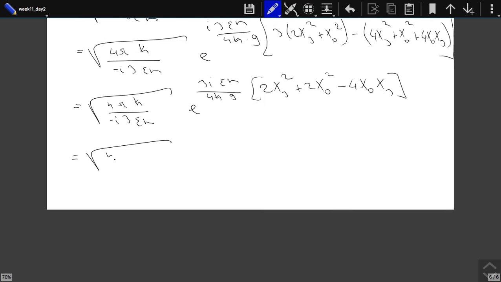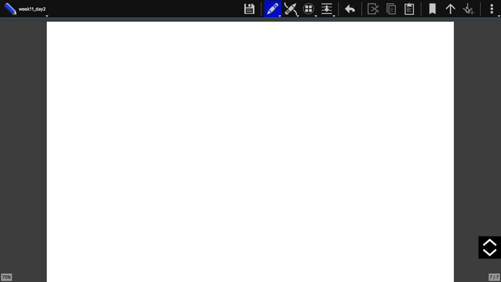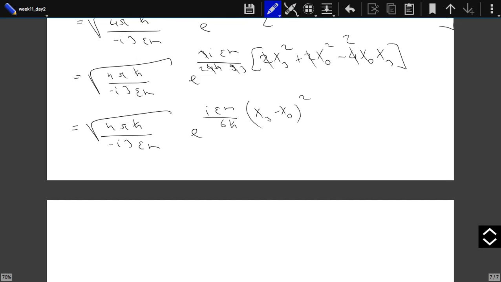Four pi h bar over minus i 3 epsilon m, e to the power, well, this cancels 3i epsilon m over, well, let's cancel a factor of 2 also, over 6 h bar times x3 minus x0 squared. So let's combine what we have.